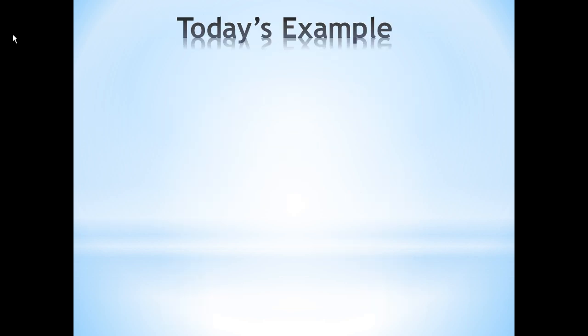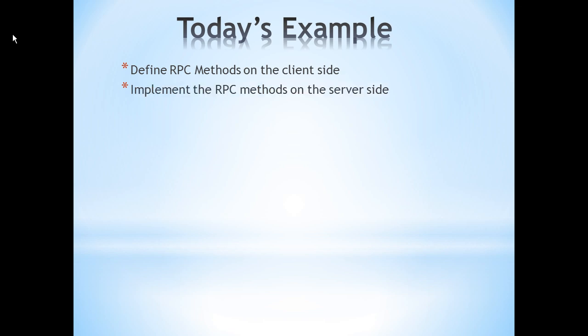So in today's example, what am I going to do? Well, I'm going to define RPC methods on the client side. So basically I'm going to indicate in my GUI code which RPC methods I want to utilize on the server. I'm going to implement those RPC methods on my server side. I'm going to create a dedicated class to make the RPC calls.